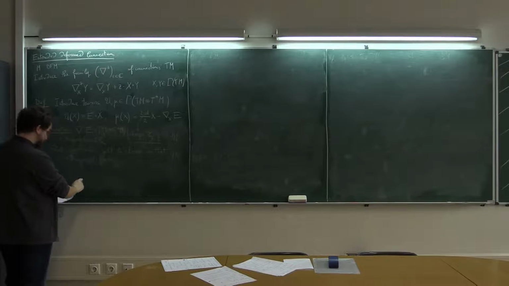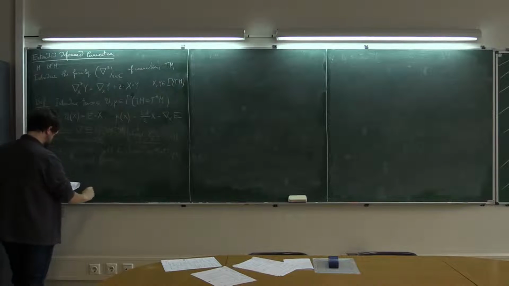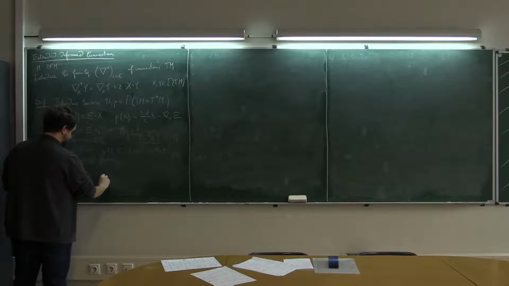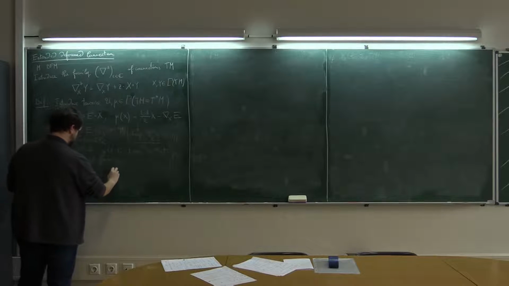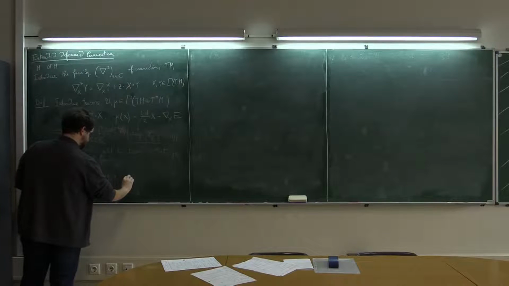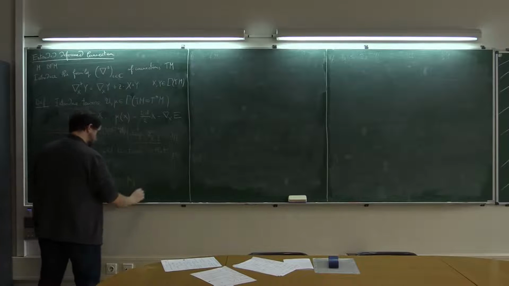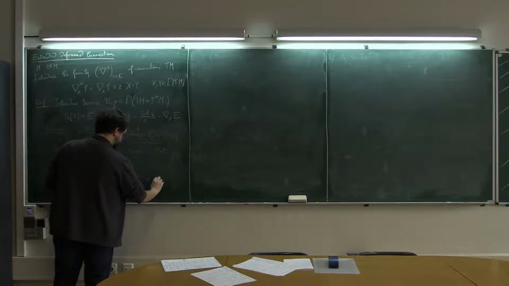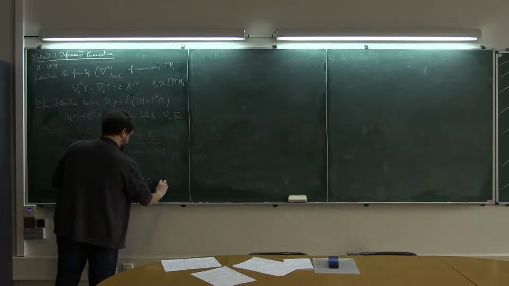And in particular, we will have mu equals the diagonal matrix mu_1, ..., mu_n, where mu_alpha equals q_alpha minus d over 2.